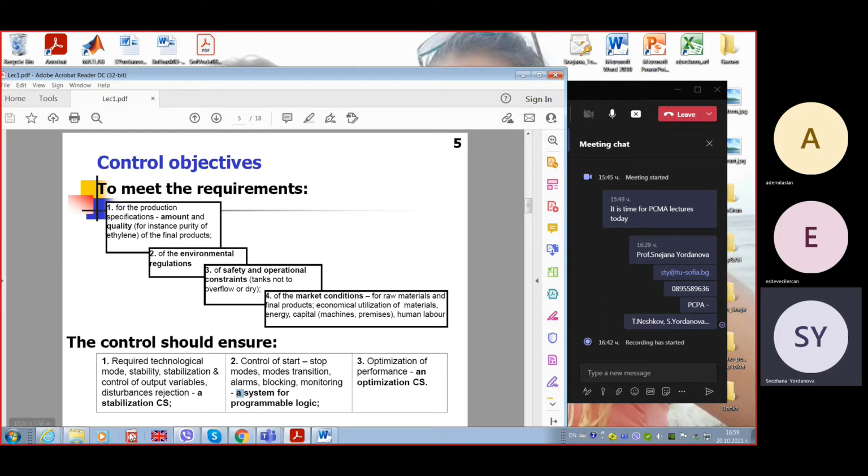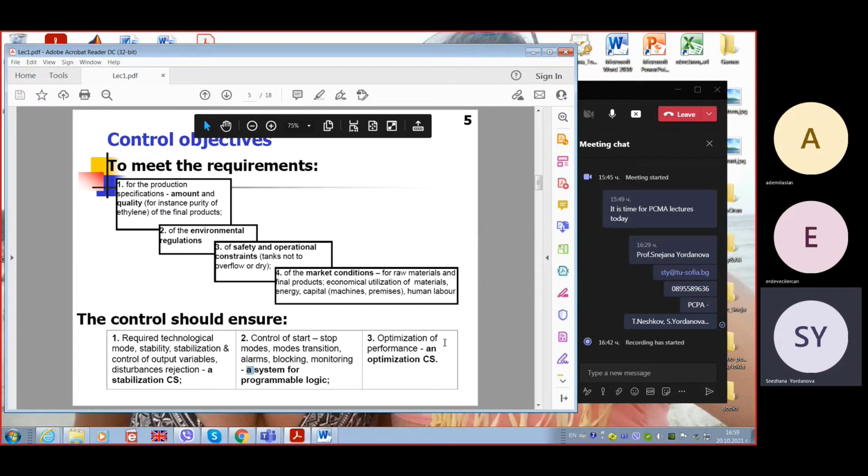You can tune your local controllers for stabilization using this programmable logic controller. So it has broader function and includes the functions of the stabilization control system. And the final, the most sophisticated, is the optimization control system.